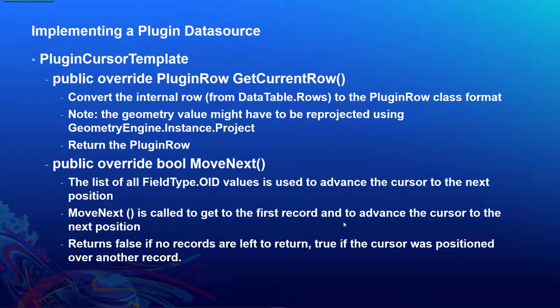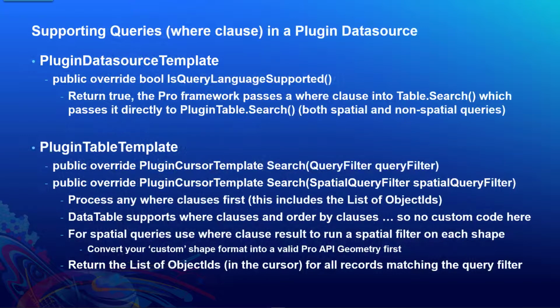And the move next method returns false if no records are left to return, or true if the cursor was positioned over the next record. So the sequence would be the client calls move next, and if move next returns true, then get current row is called to retrieve that row. Just classic geodatabase access pattern.